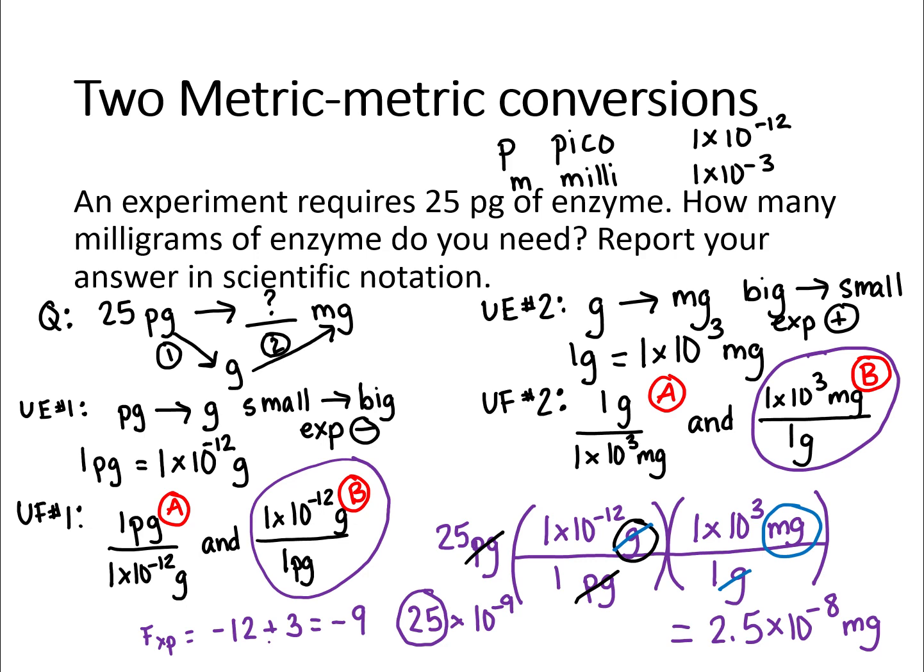So you have to take that decimal point that is implied at the end of the 25 and move it over one more time so that you get 2.5 times 10 to the minus 8. Yeah, a little bit trickier there. Other questions?